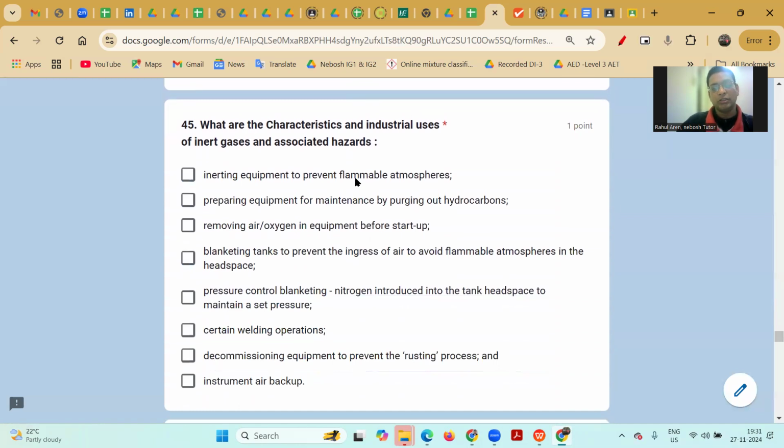So what are the characteristics and industrial uses of inert gases and associated hazards?